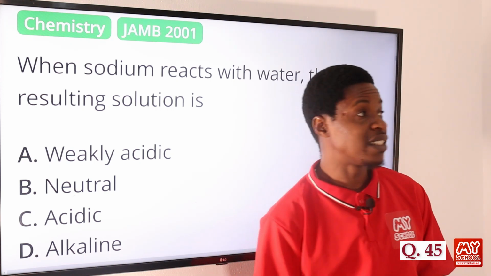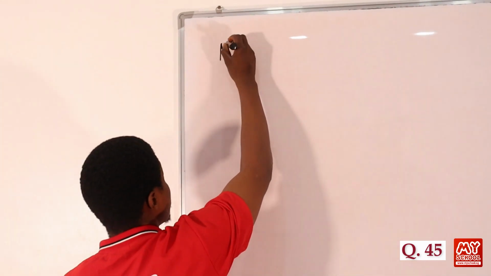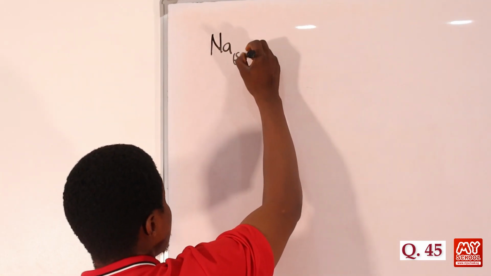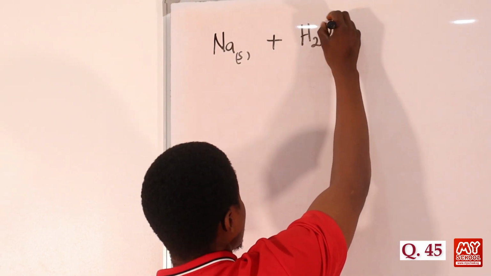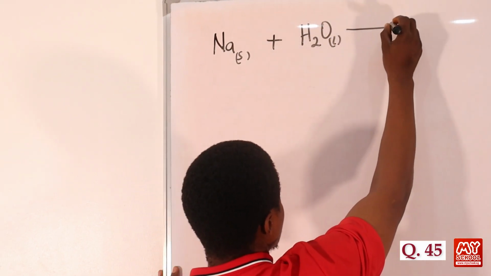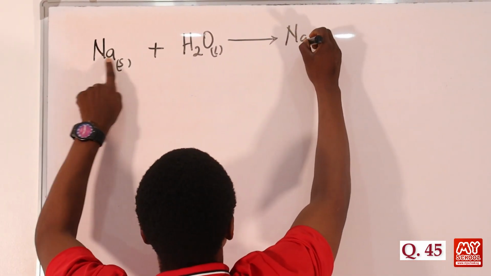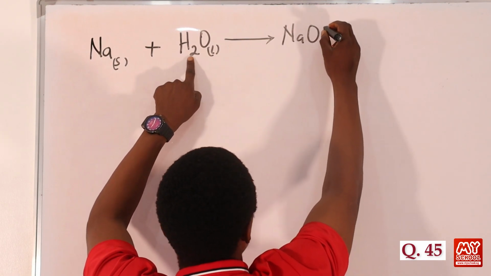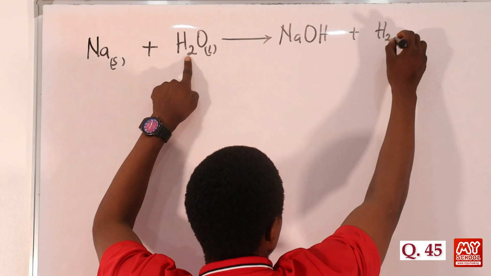Let's move to the board and see what happens here. We have sodium metal, of course that's solid, reacting with water, H2O, that's liquid. What happens? We have sodium formed, then one oxygen and one hydrogen here, then we have hydrogen gas formed.